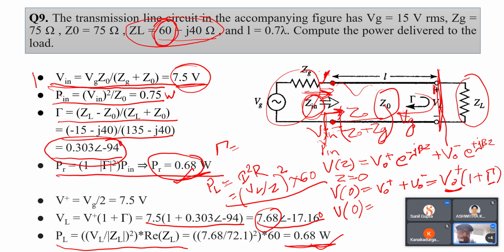So at t equals 0, you close the switch. How much impedance will the source see? It will be the same as the impedance of the transmission line. So that's how you can calculate the value of V0 plus.